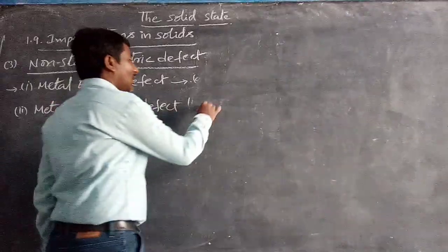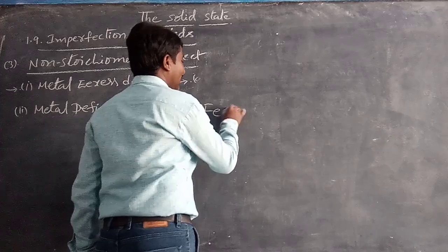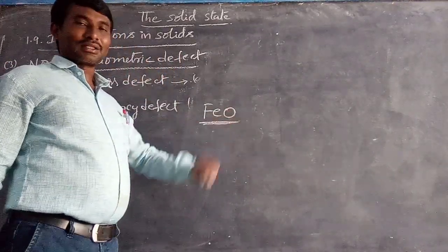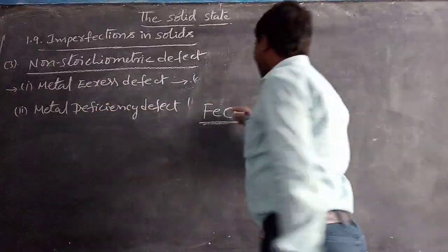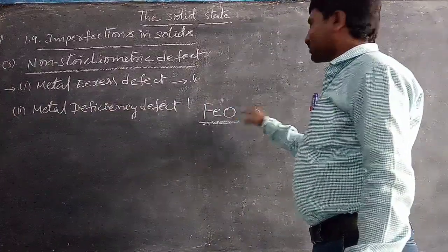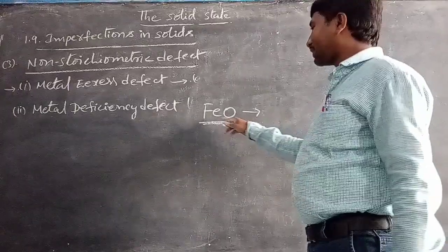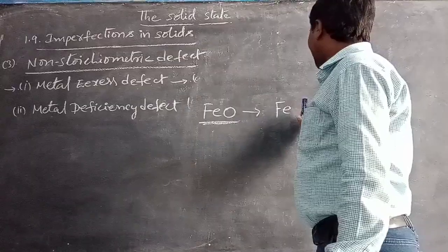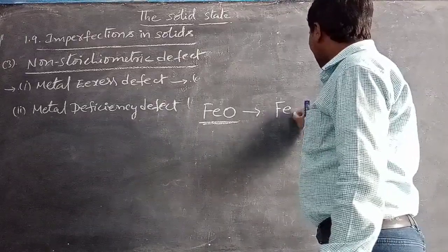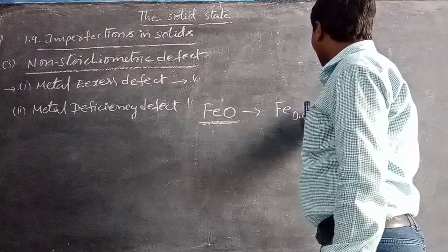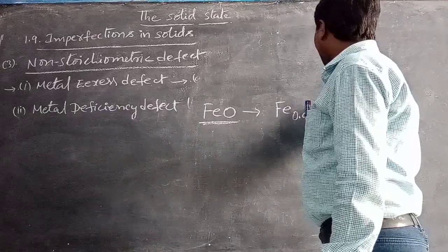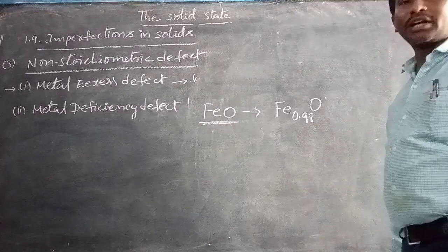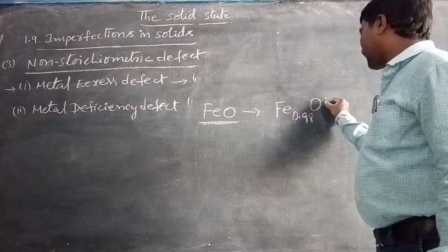For example, FeO, iron oxide. FeO is found in the composition Fe0.98O, or 98% or maybe 95%.